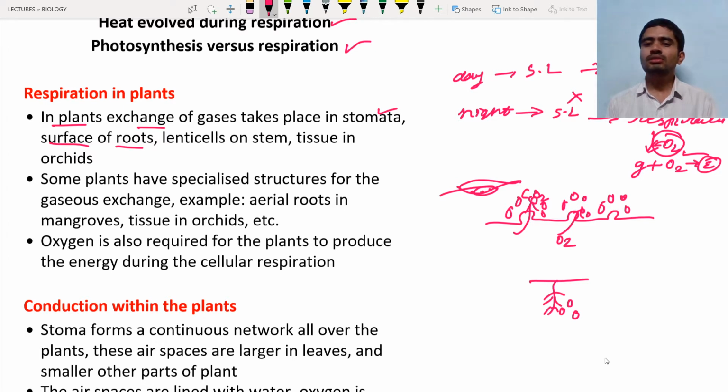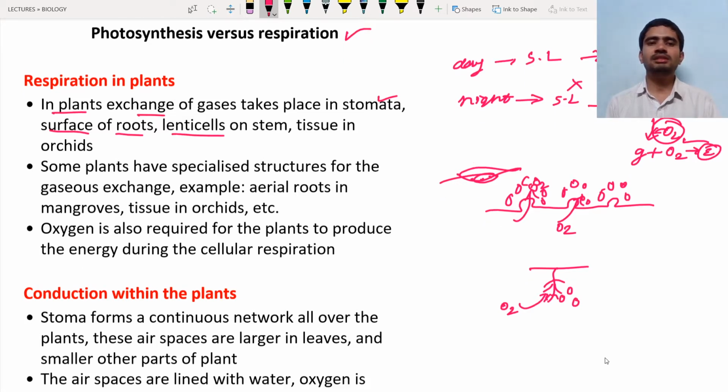These contain air, and air contains oxygen. So the plant takes oxygen from the soil through the roots or root hairs, and so on.